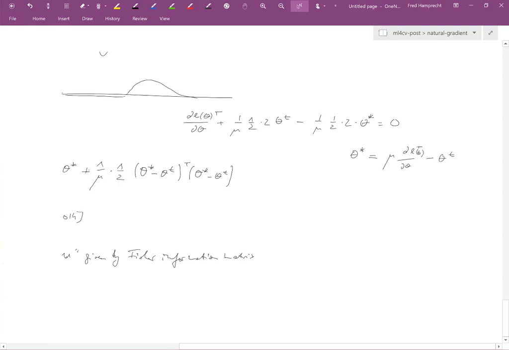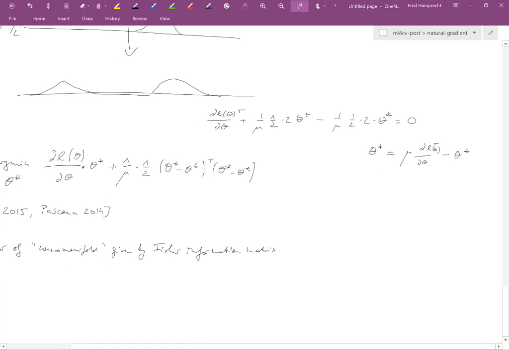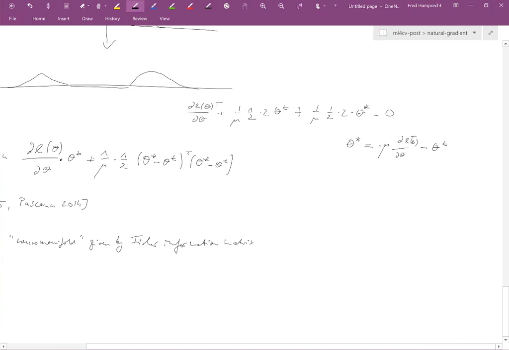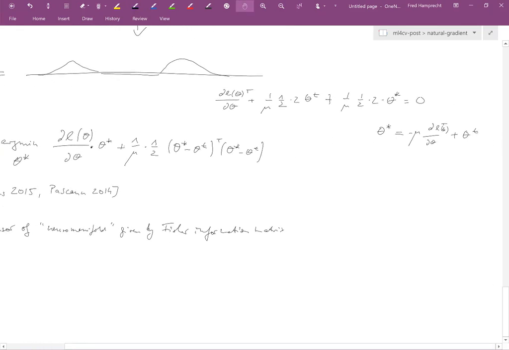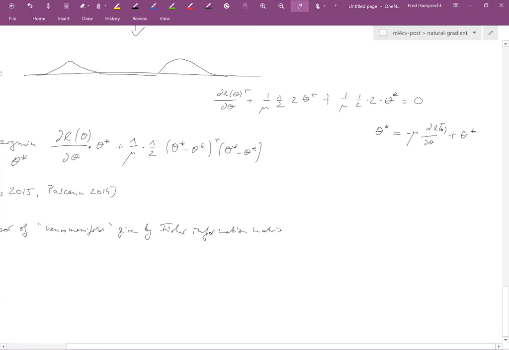There should be a, yes, so this should be a plus, and then I get a minus here and a plus there. And that is the formula that we usually get.